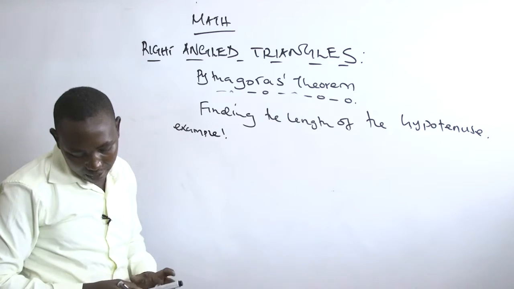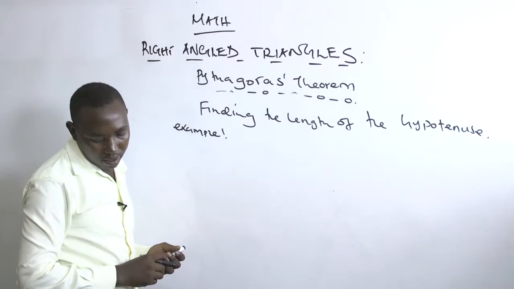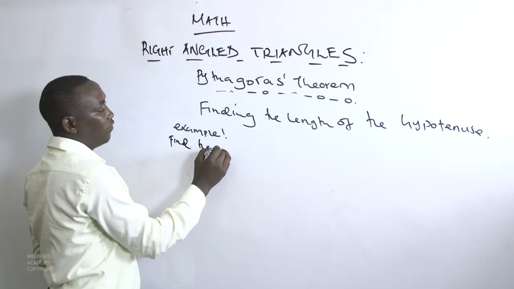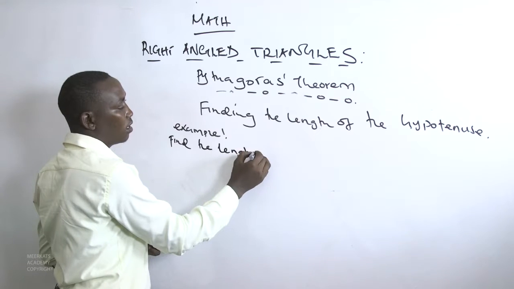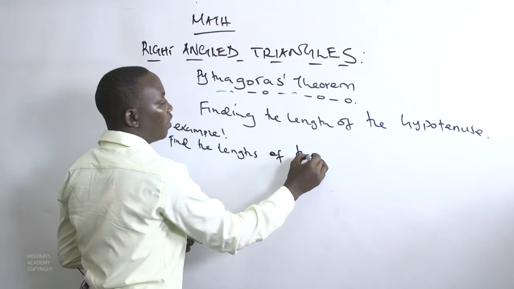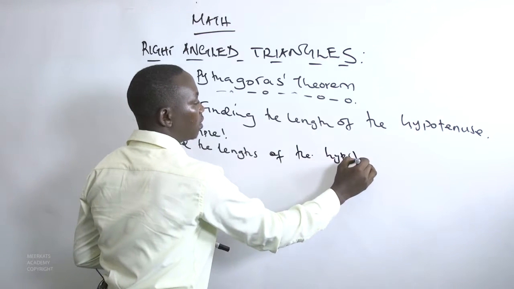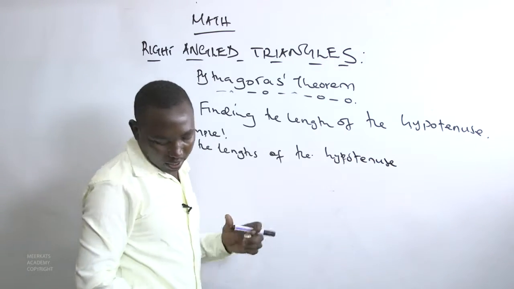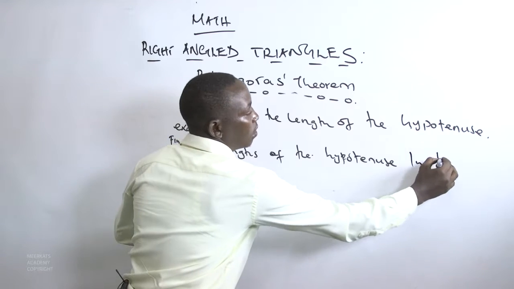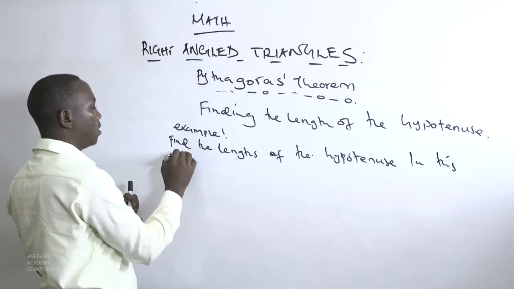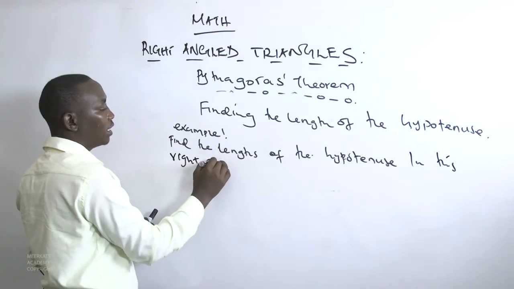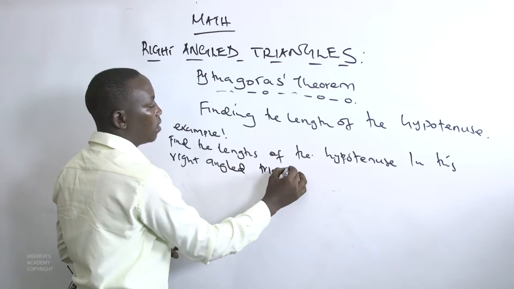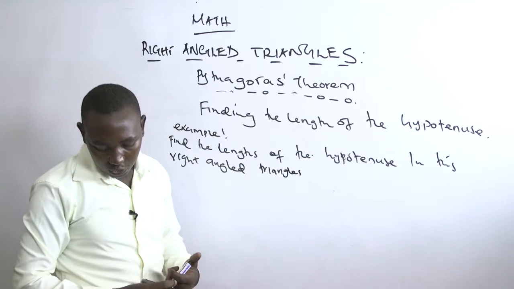Example, find the length of the hypotenuse in this right-angled triangles.